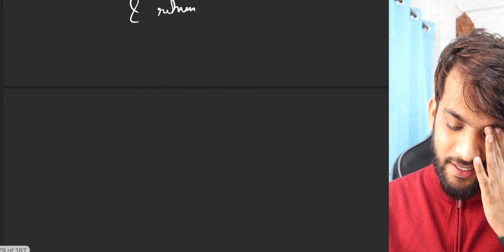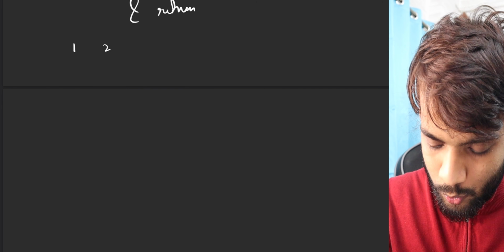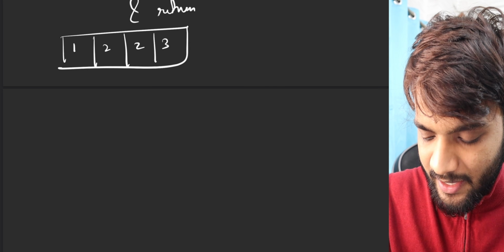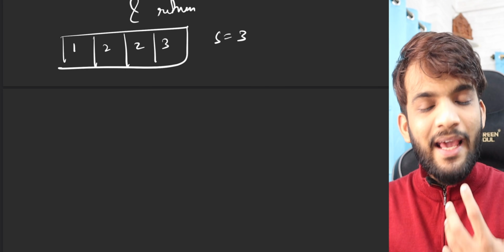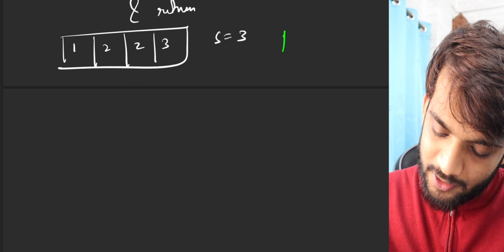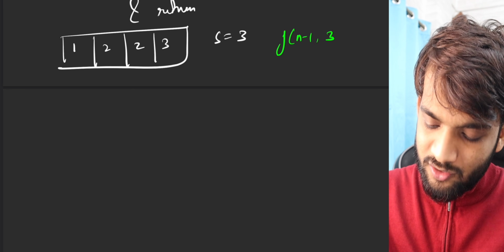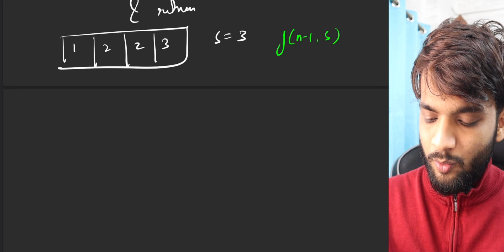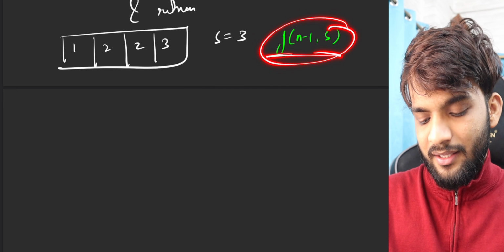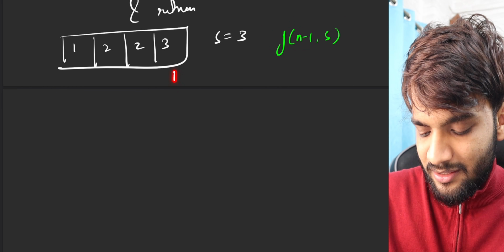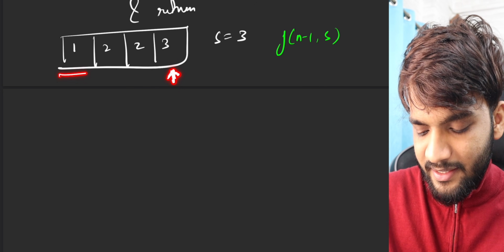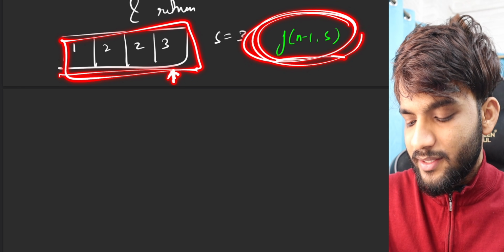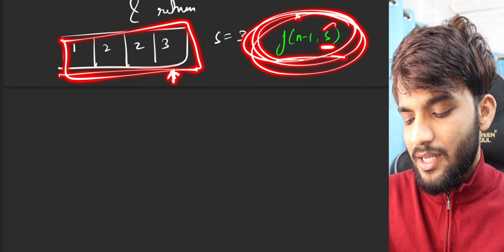So can I say this, since the array is 1 2 2 3, and the sum that I'm looking for is 3, if I write f of n minus 1 comma 3, or f of n minus 1 comma sum, what does this signify? This signifies that in this entire array, how many subsequences are there which will give you a sum s?